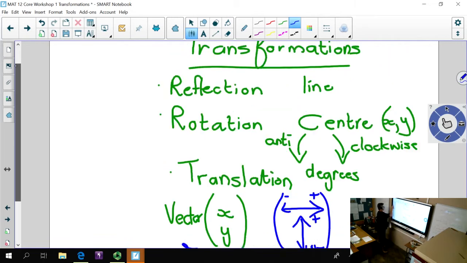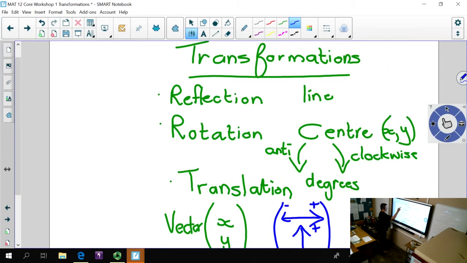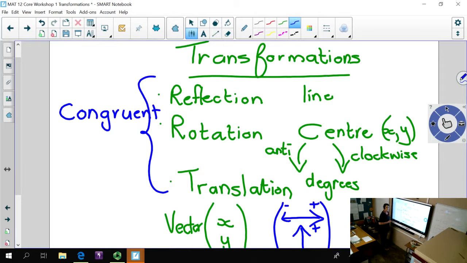Something else that's very important here to know is a reflection, a rotation, and a translation is congruent. What does the word congruent mean? Same shape, same size.